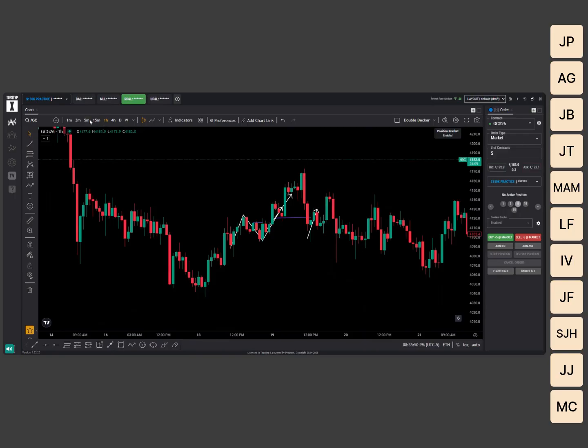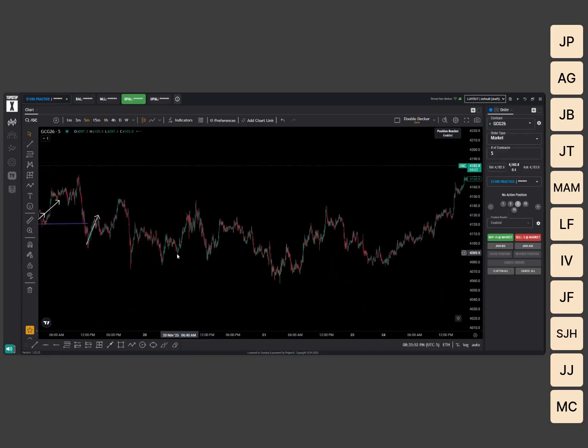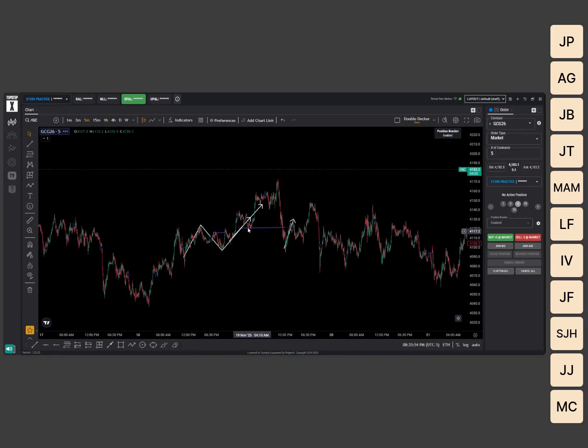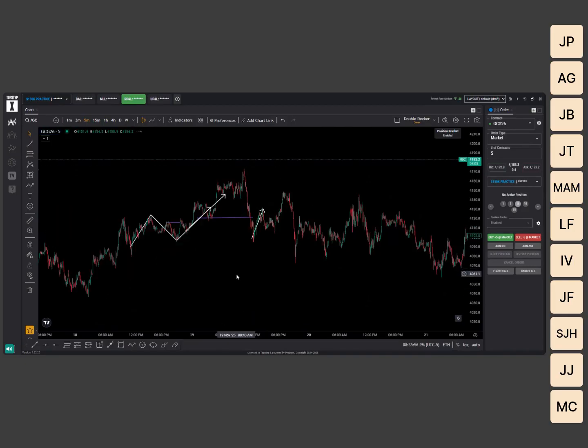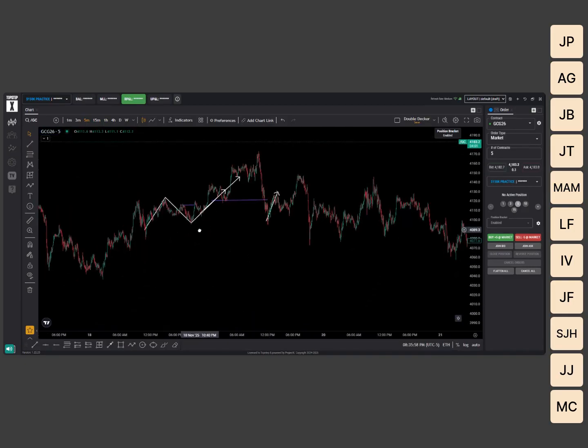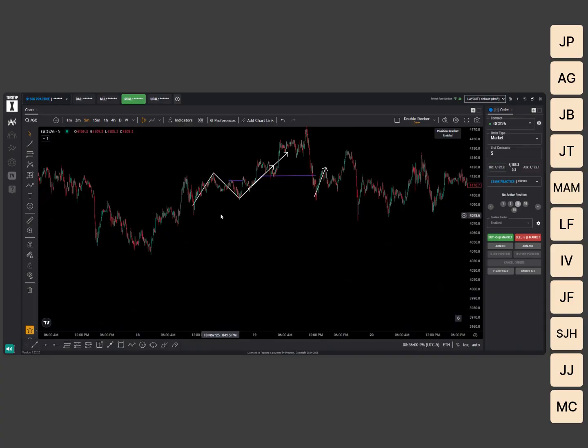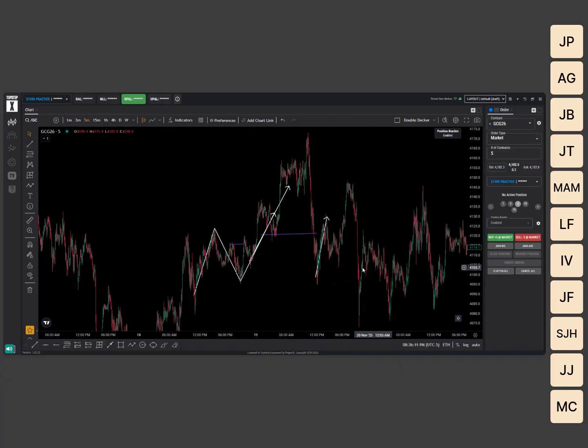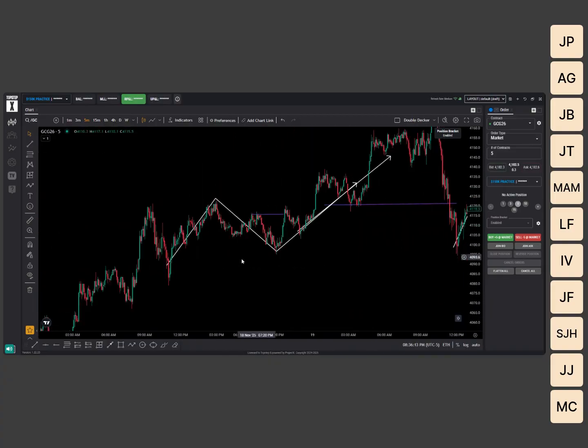However, did we have structure break to the downside? Yes, but that was not the dominant trend. That's why when you're marking up your swing highs and your swing lows, you want to understand which part of the market you want to be on. You want to be on the dominant trend, and the dominant trend, as we just saw, was that 1 hour. So that'll help you navigate areas like this.